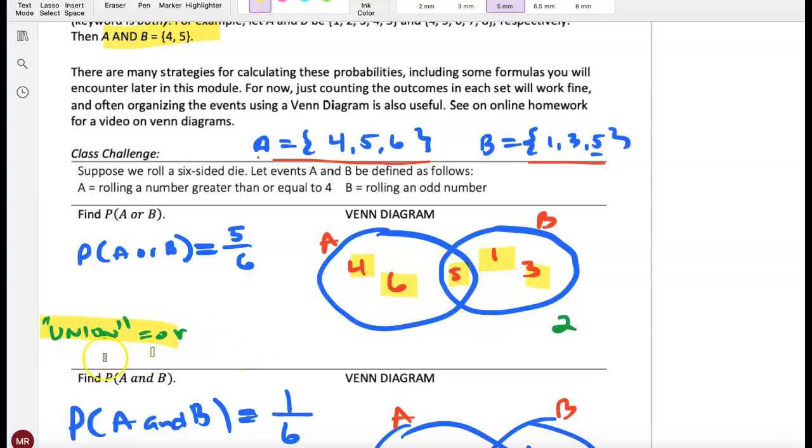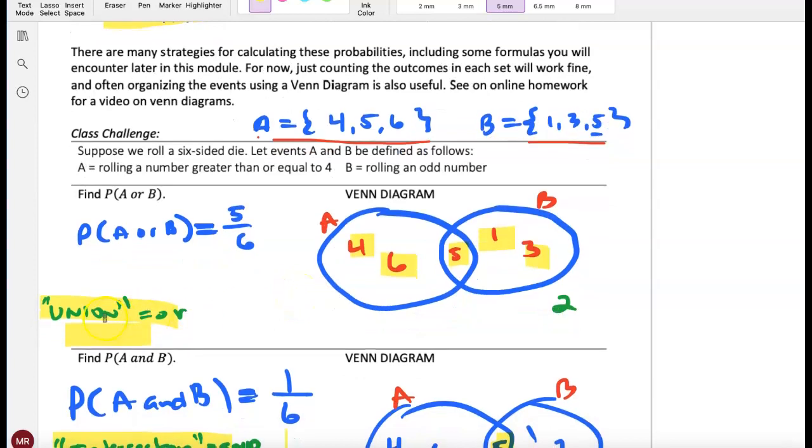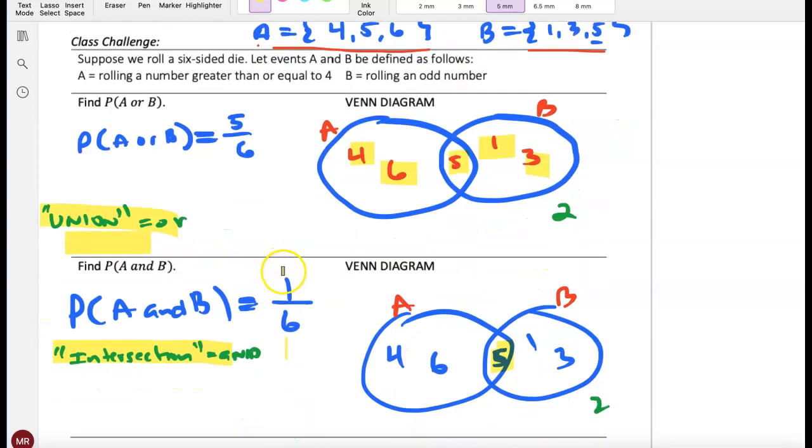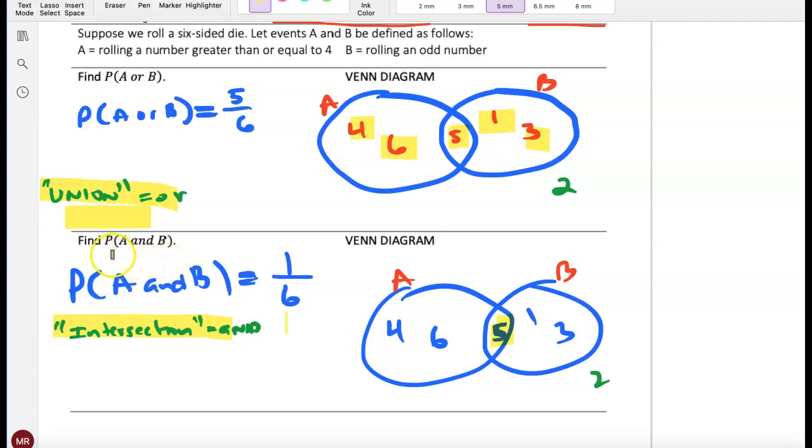Another term we use for "or" is union. So that will come back to us. The union is another term we use for "or." Next is the probability of A and B happening. The probability of A and B means that the outcome has to be in both A and B, and the only one that is in both A and B is 5. So the probability of the event A and B happening, meaning that a number is in both A and B, is 1 out of 6.